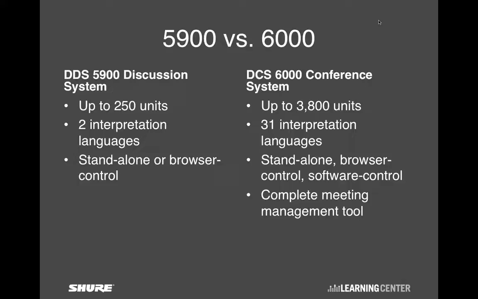We should point out too, voting means different things to different organizations. If you want to do just simple voting where people push a button and the system shows the chairman that, all right, 6 people voted yes, 2 people voted no, but you don't know who voted how, that might be sufficient. But in a lot of cases, it has to get a little bit more structured than that.